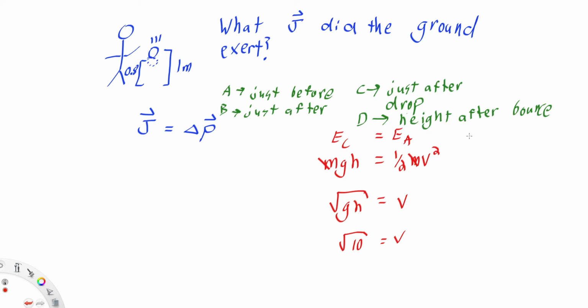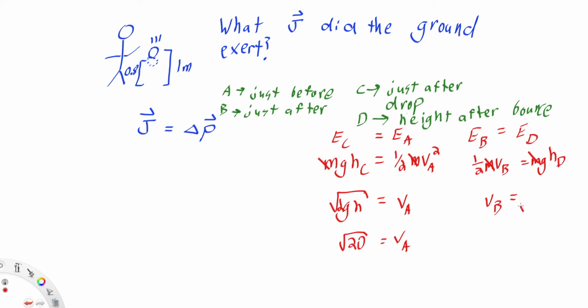We can do a very similar analysis and say that the energy at B must equal the energy at D. So we have 1/2 mvB squared, and this should be A. The 1/2 mvB squared will equal mg height at D. Again, masses cancel, and vB equals, man, apparently I'm still a little slow after going on spring break.